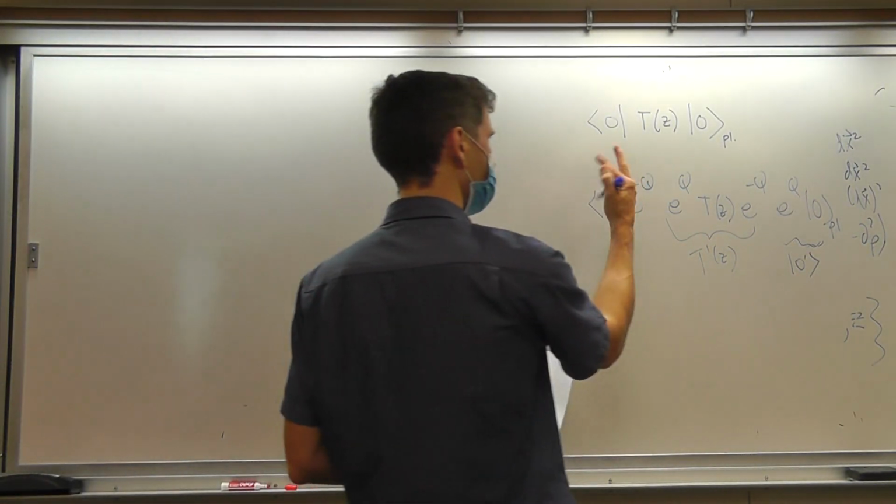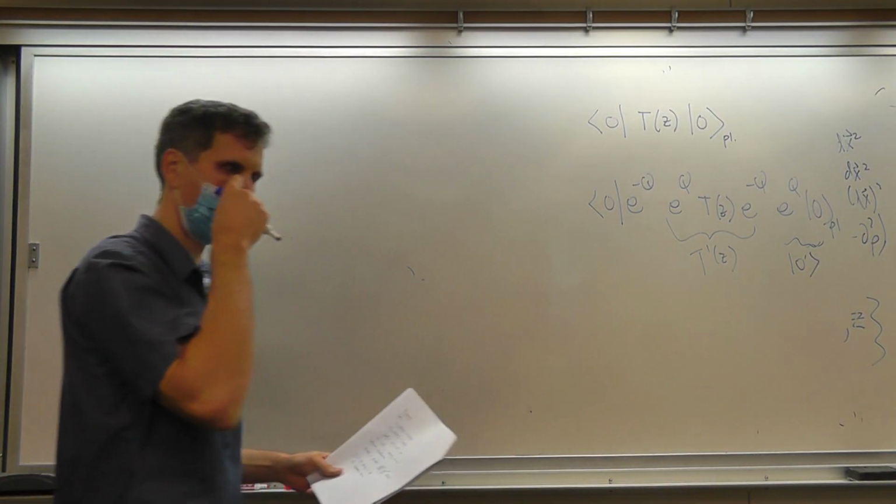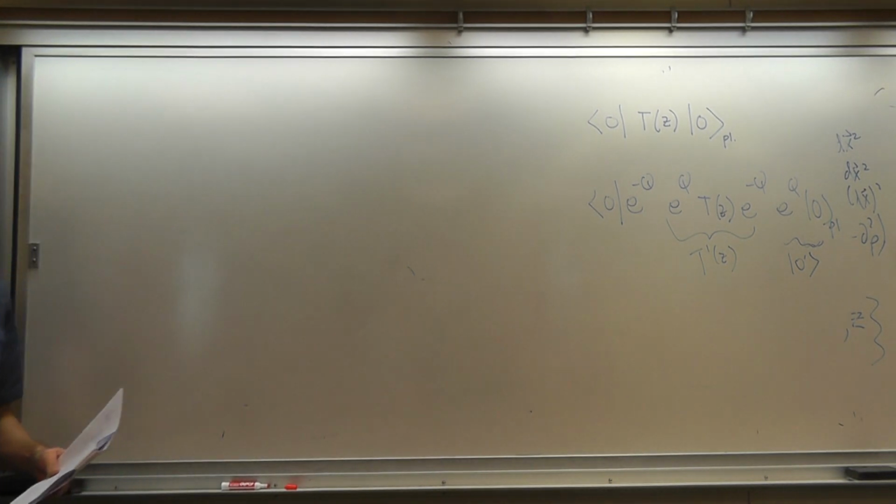I'm not sure they're conjugates of each other. I agree with that. They're probably not conjugates of each other. And that's weird. That means it's not really an expectation value anymore. True.